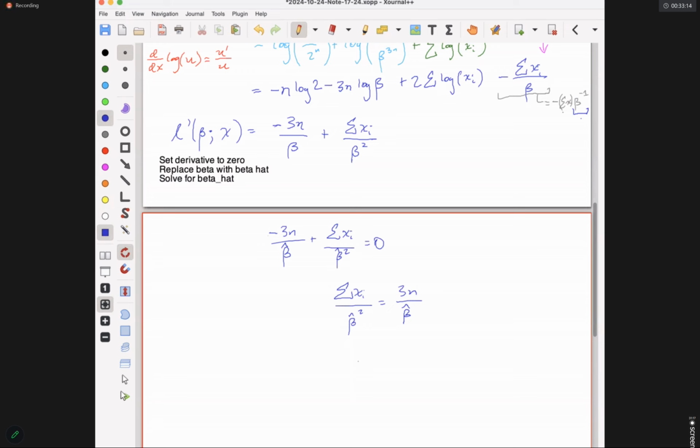Yeah, I multiply both sides by beta hat squared, and I end up with sum of xi equal to 3n beta hat. And so what is beta hat? Okay, and I can write this as x bar over 3.